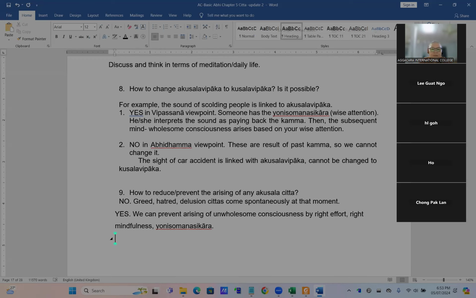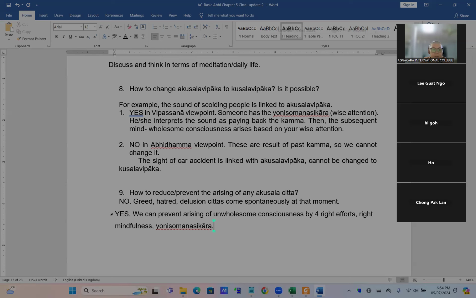So that's the purpose of the four right efforts. Two against the unwholesome, two to help the wholesome. Okay, good.